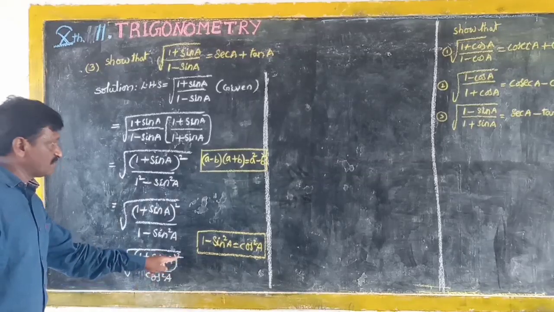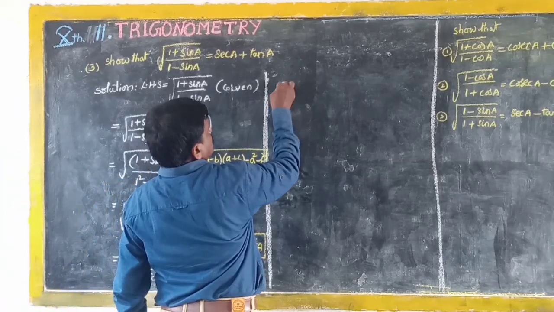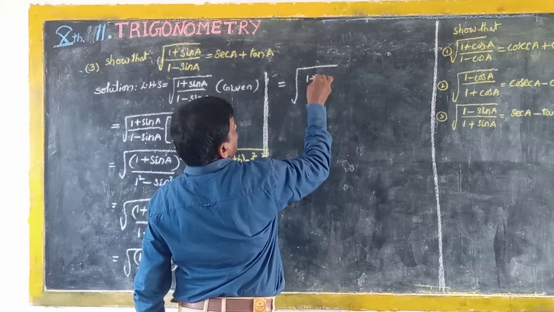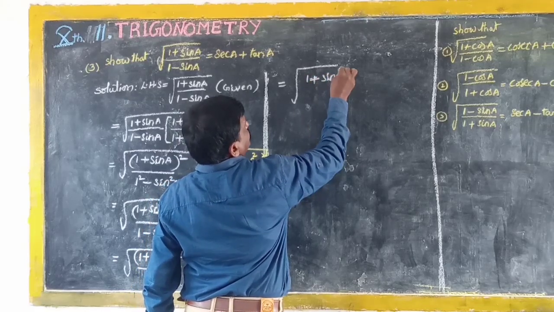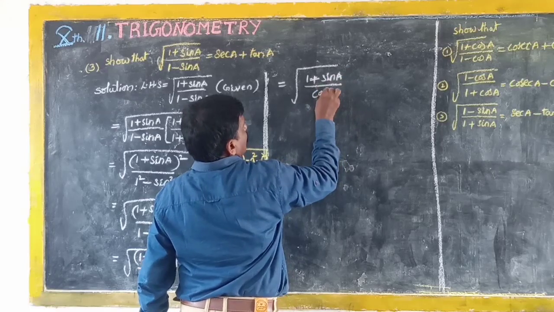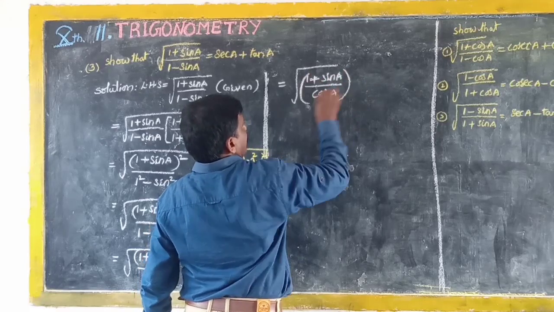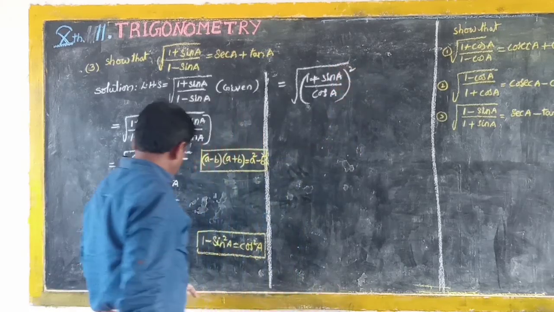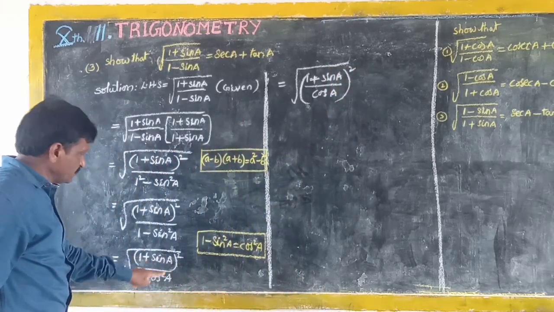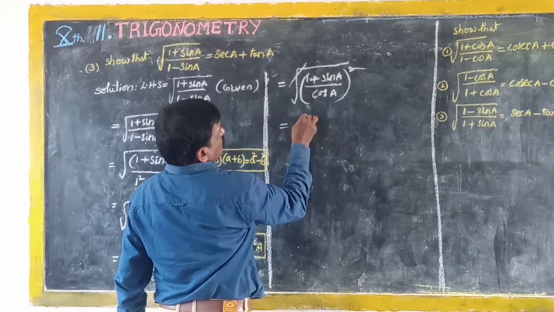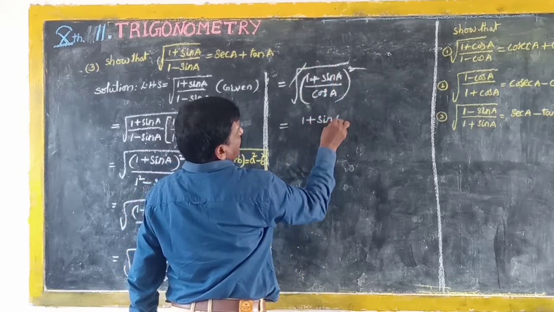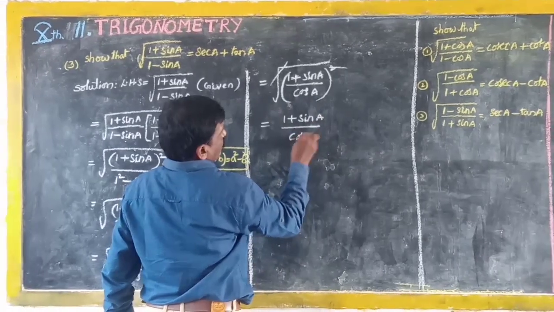So root of (1 plus sin a) by cos a, whole square. Both have squares, so the square root cancels, giving (1 plus sin a) by cos a.